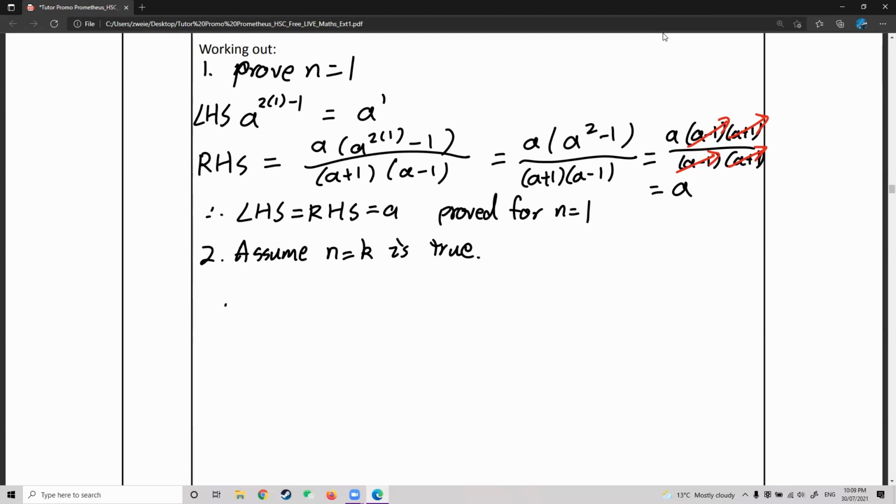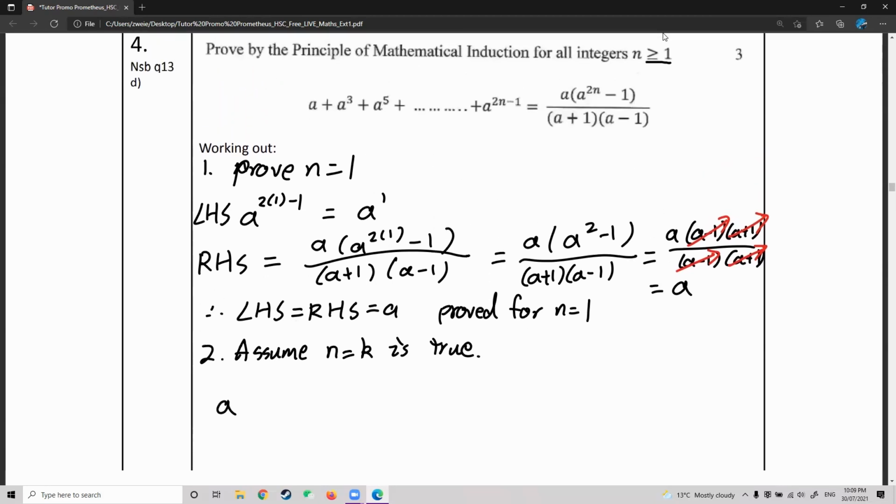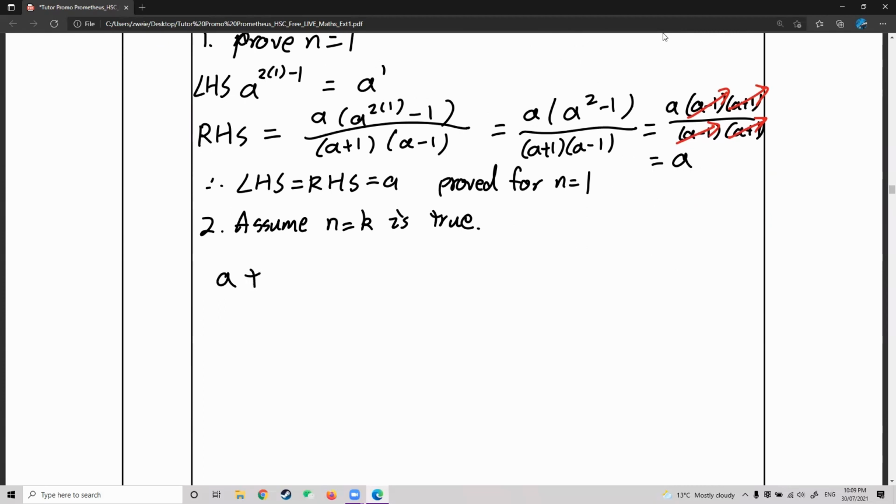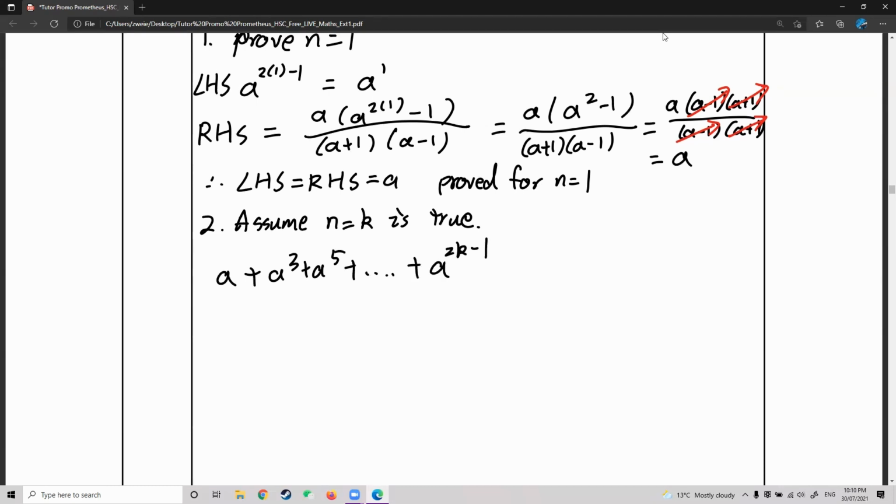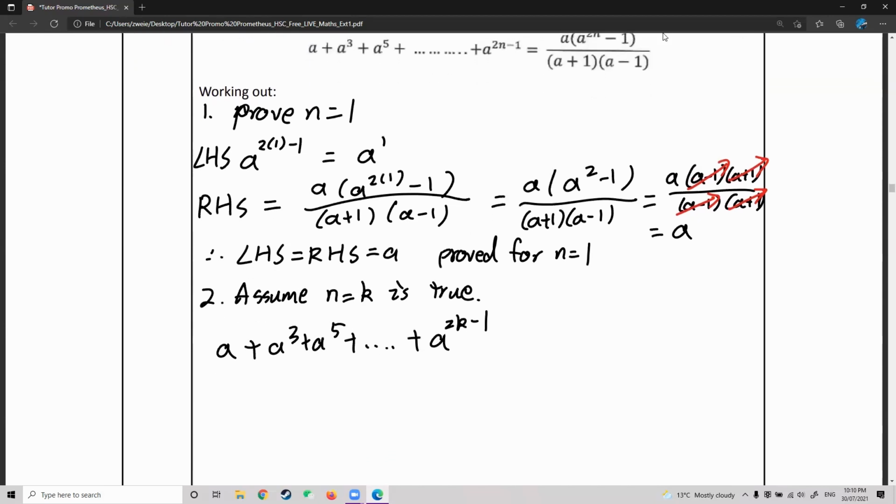So now what we have is a plus a_3 plus a_5, and so on, plus a_{2k−1}, and it is equal to a_{2k−1} over a plus 1 and a minus 1. This is what we assume.